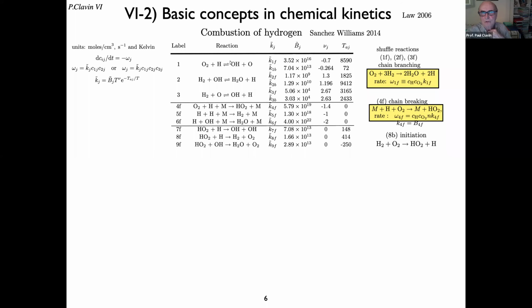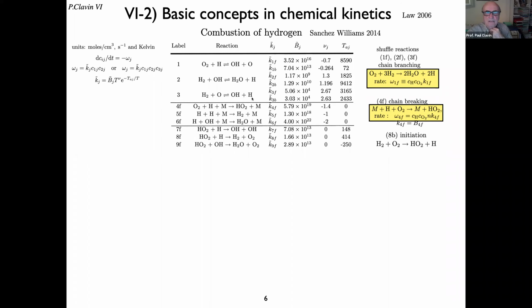With the rate of reaction 1, you can replace this shuffling reaction by a one-step reaction, which is written here, provided you assume that the reaction rate is proportional to the concentration of hydrogen atoms and oxygen molecules, with the constant of the first reaction.